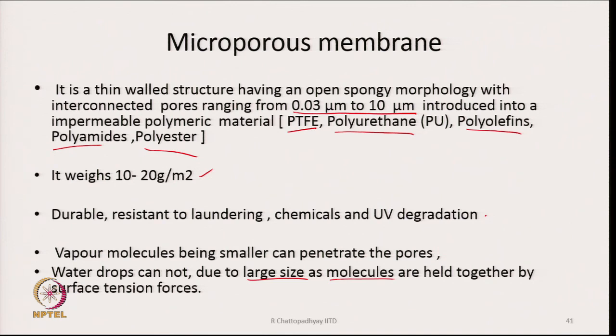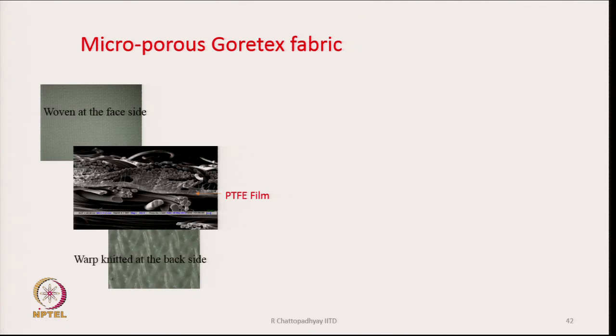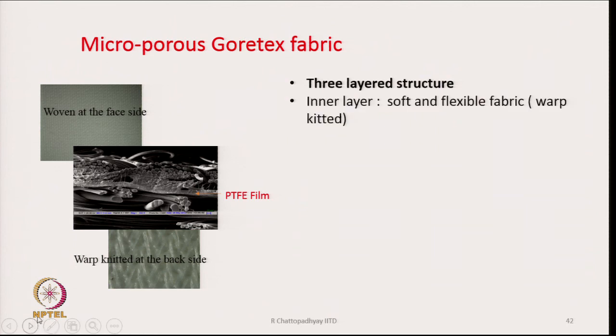So, these membranes have been designed and they are used also. One of them is the Gore-Tex fabric, and the cross sectional view of the Gore-Tex fabric is shown here. It is a 3-layered fabric actually. The inner layer is a soft flexible fabric which is warp knitted.